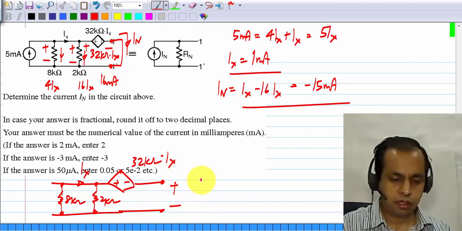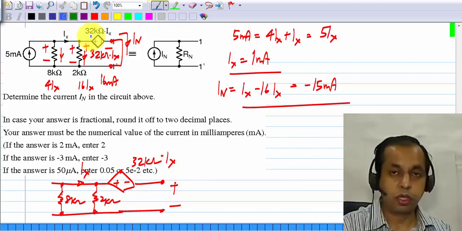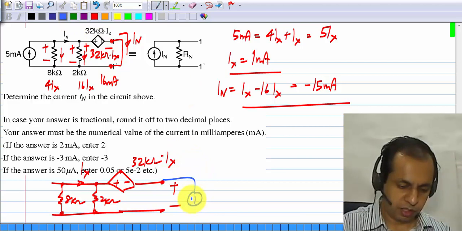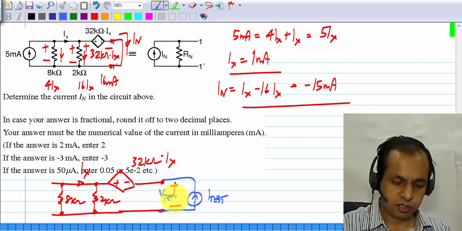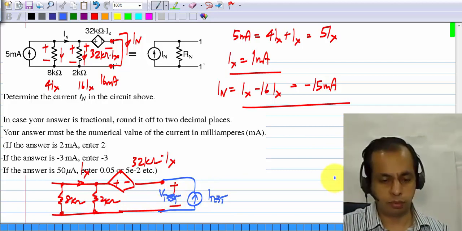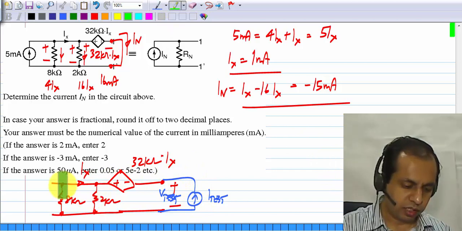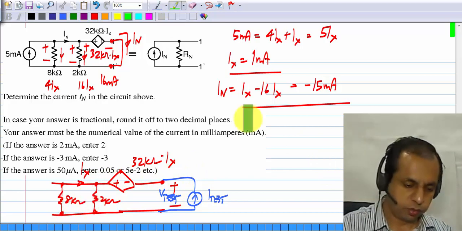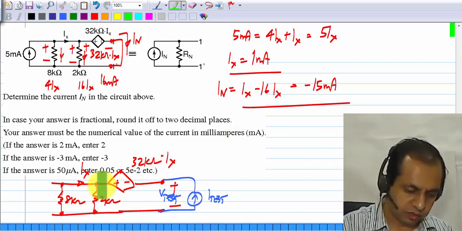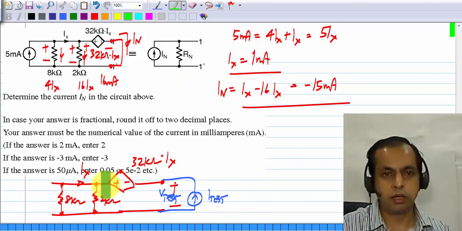Okay, and you can apply either a test voltage or a test current, and in this case I'll apply a test current I test and find the voltage that appears between these 2 terminals. And this I test goes into this and it gets divided into these 2 parts. Okay, the same I test flows into these 2, and these 2 resistors are in parallel.